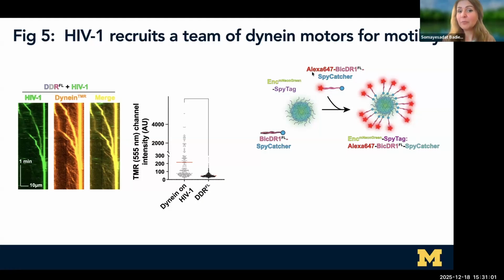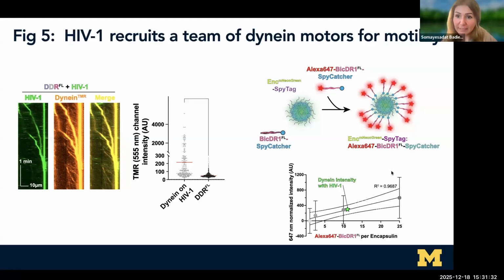They had this Alexa dye, and here I had control: one Alexa dye can be on the encapsulin, or 100, or 10 of this Alexa dye. So based on the fluorescent intensity and the number of Alexa dyes that I used, I was able to generate a standard curve.